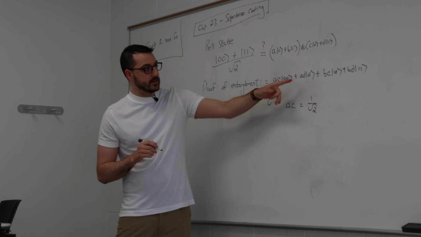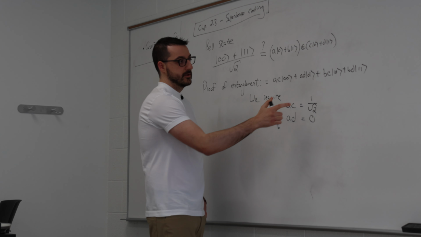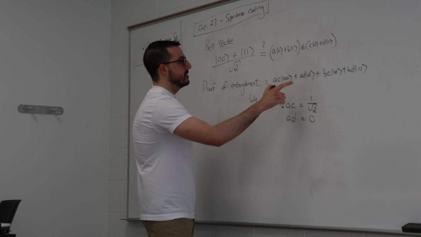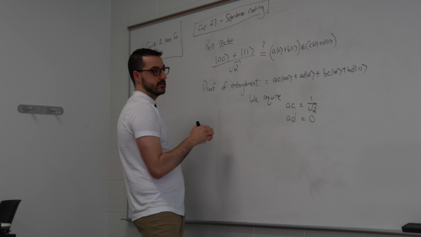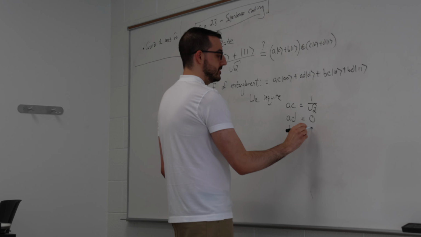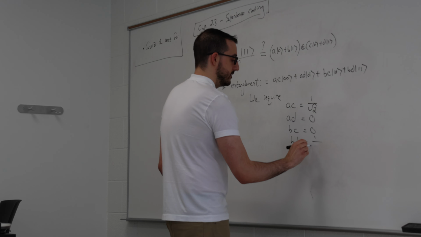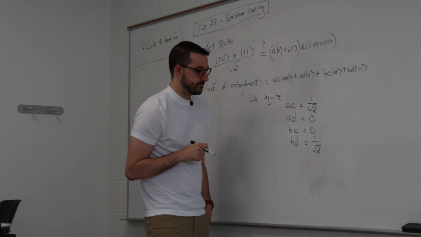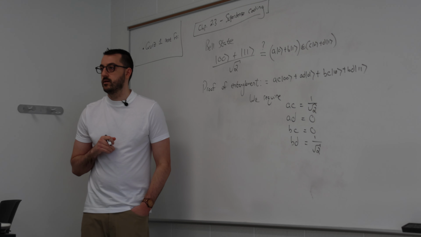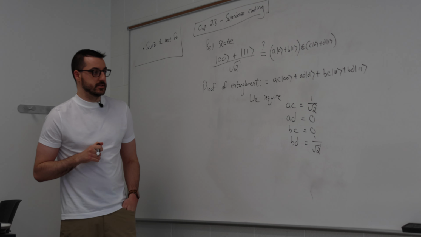So the product A times D needs to be 0. Similarly, the product of B times C needs to be 0 because that's the coefficient of |10⟩ in this Bell state. So B times C needs to be equal to 0. And then B times D needs to be 1 over the square root of 2. Does everyone see this? Just matching the coefficients.